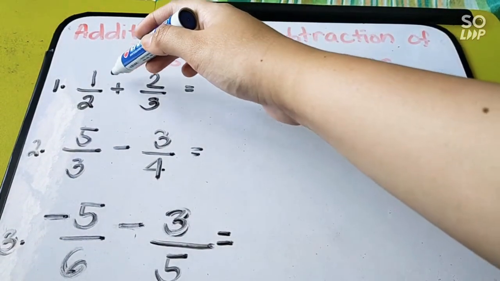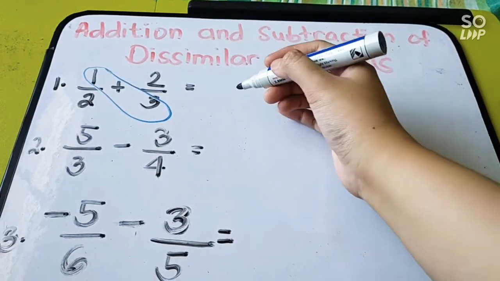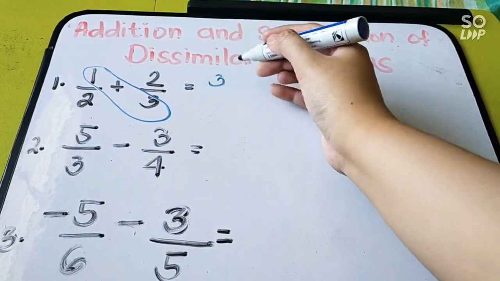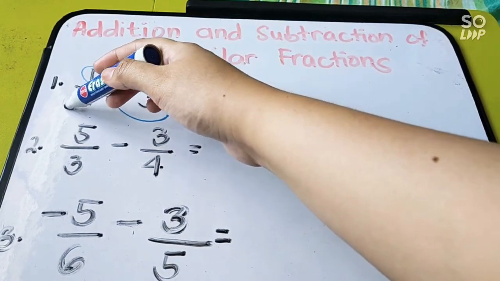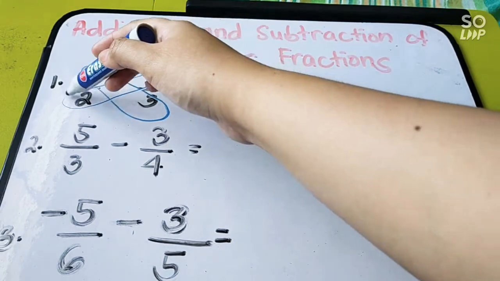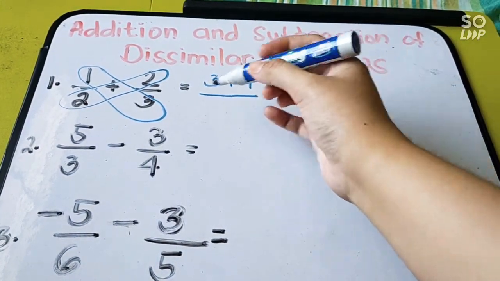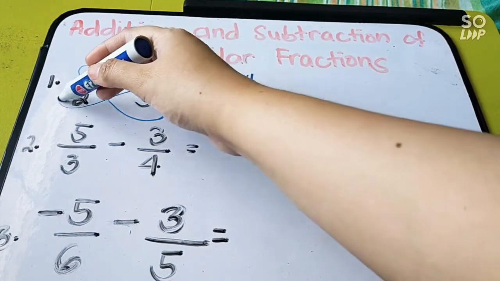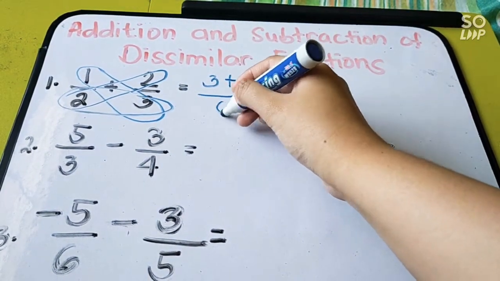You are going to multiply this one. 1 times 3, the answer is 3. Right here, 3. Then, plus. Next, this one. 2 times 2, the answer is 4. Over, afterwards, you are going to multiply the denominators. 2 times 3, the answer is 6.